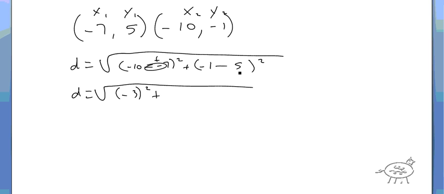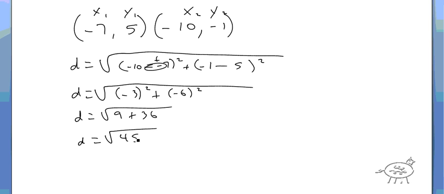And negative 1 minus 5 is negative 6. So we have 9 plus 36. Okay, so that's equal to the square root of 45. And of course, our exact answer is 9 times 5, so it's 3 root 5.